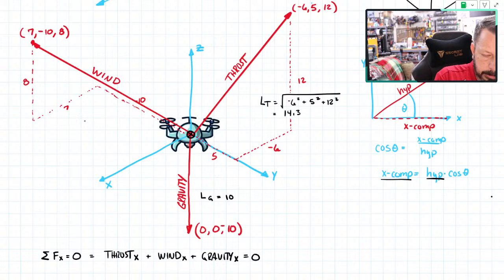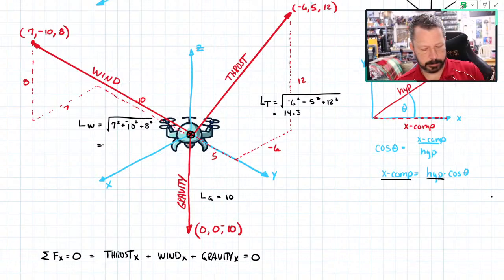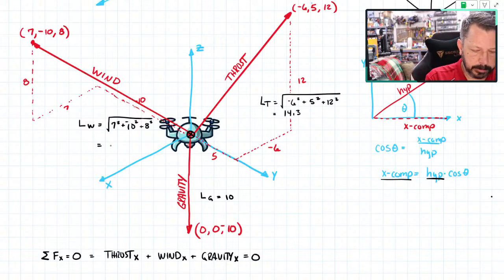So let's do the length over here for the wind. It's the square root of x, which is 7, y is negative 10, but we square it, and z is 8. So 7 squared plus 10 squared plus 8 squared is 213. The square root of that is 14 point, we'll call it 6.